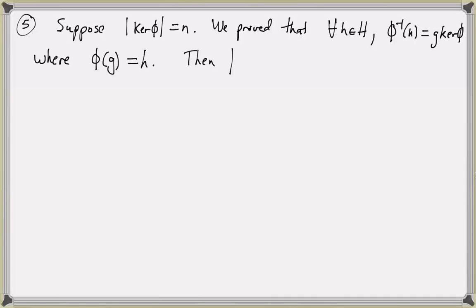So then the order of the preimage of h equals the order of g kernel phi, but this just equals the same as the order of the kernel phi, which is n, and this is true since all cosets of a subgroup have the same cardinality.